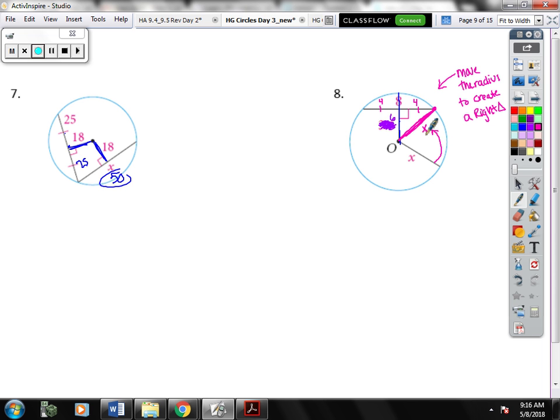Right? Pythagorean theorem. I should have changed it to like 3, and then we could have done a triple, but no. So we have a right triangle, 4, 6, and x. So 4 squared plus 6 squared equals x squared.